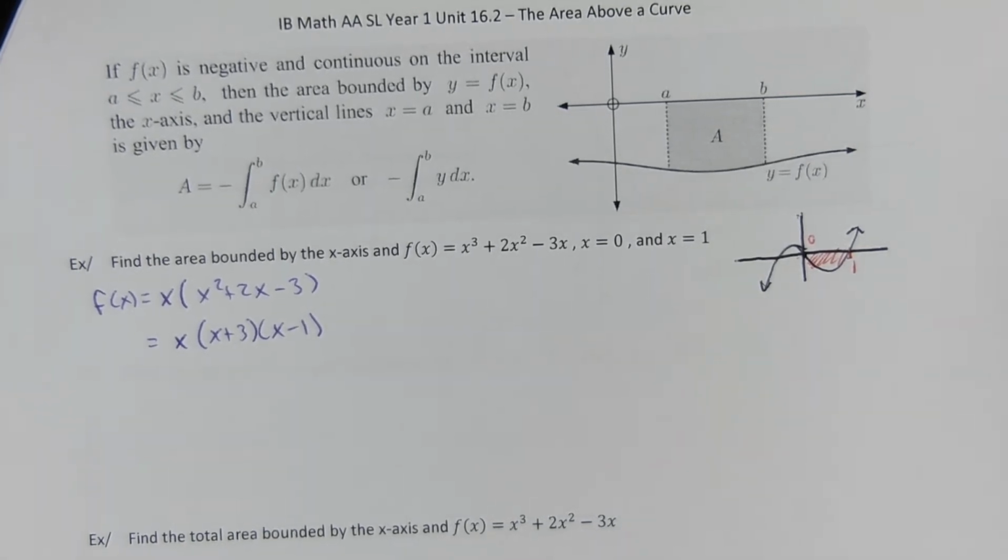Well, we just integrate from 0 to 1, and we just put a negative sign on the front of it to guarantee that our answer comes out positive. Or, like I said, we could get creative and integrate from 1 to 0, because that would also change the sign of the integral. It actually doesn't matter which one you choose. If you integrate from end to beginning, it changes the sign of the integral.